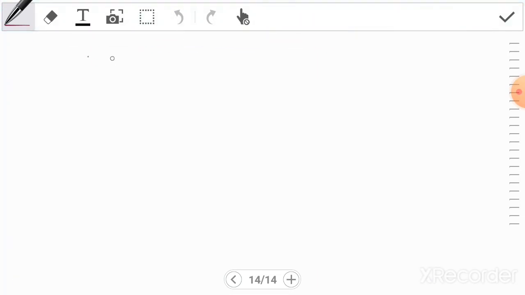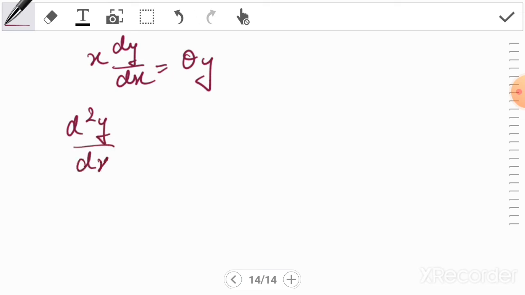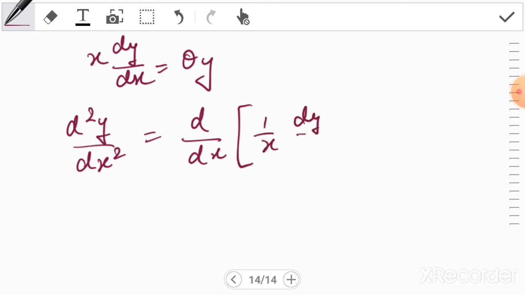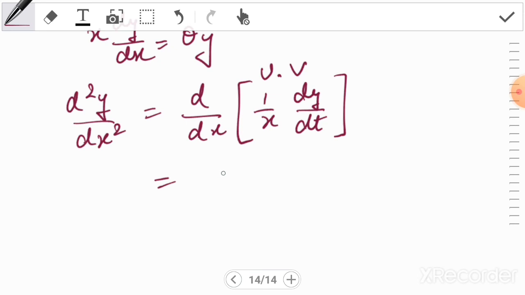Now x dy by dx is equal to theta y. So d square y by dx square is equal to d by dx of 1 by x dy by dt. Now this is in u into v form. So v du, which is minus 1 by x square dy by dt, plus u dv, so 1 by x and dv.